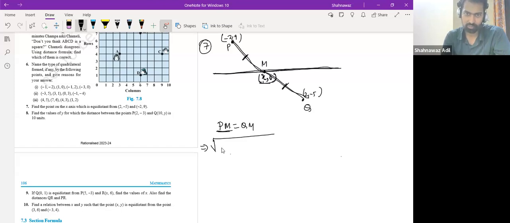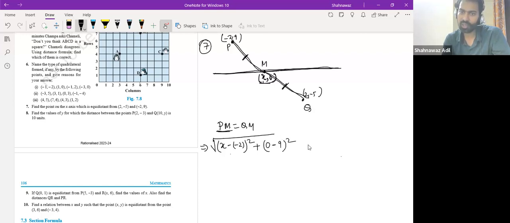So it is x minus minus 2, right? That is x plus 2 whole square, plus 0 minus minus 5.